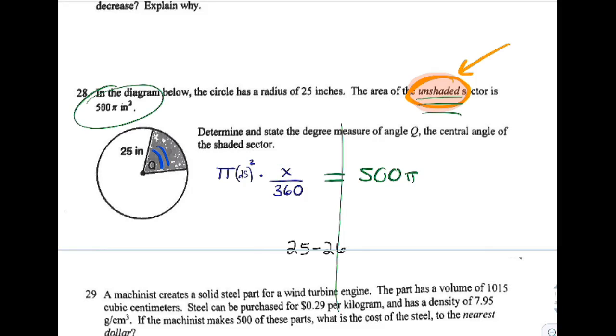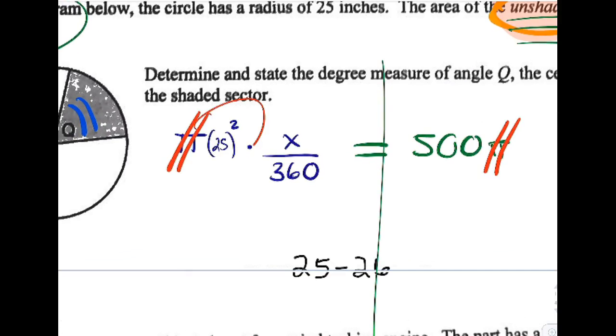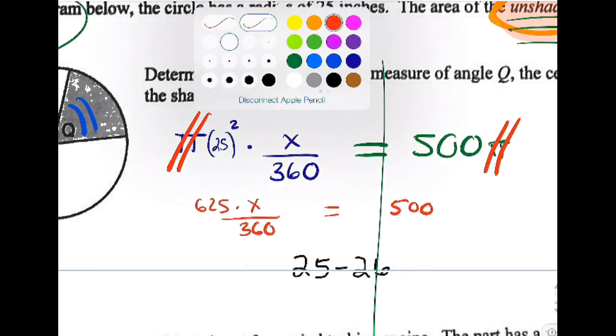If you have two sides of an equation and they both have something on one side, on each side, you can get rid of it. So there's a pi there and a pi there. So we can balance the equation and get rid of both of them. 25 squared is 625. So now I have that on one side and that on the other. So it's 625x over 360 equals 500.